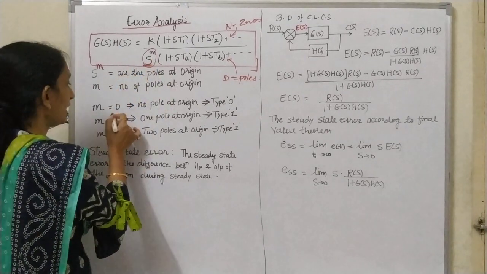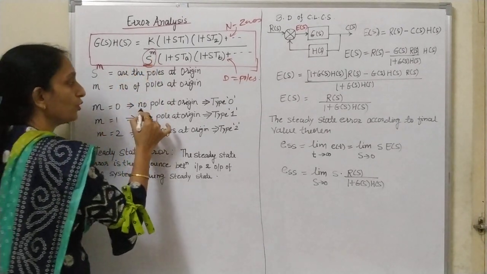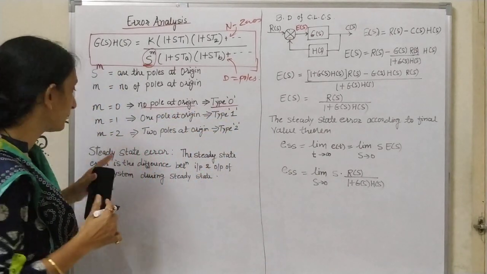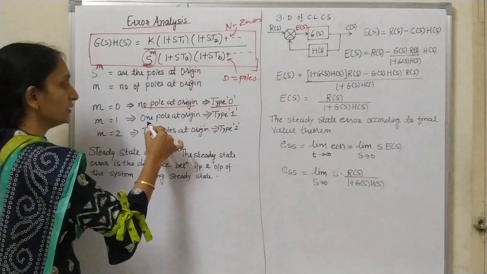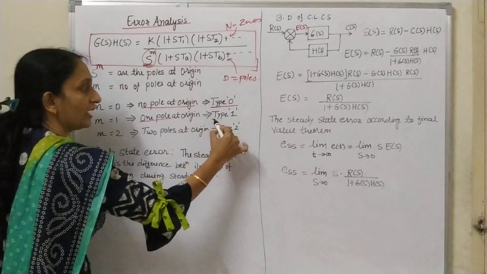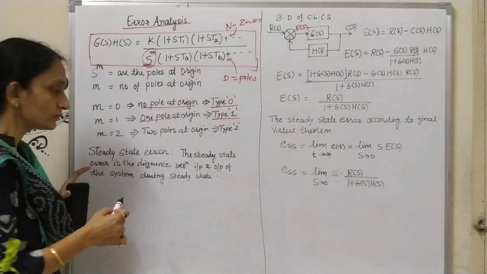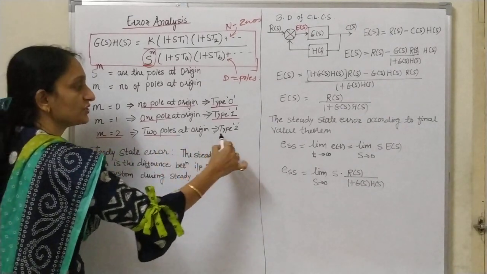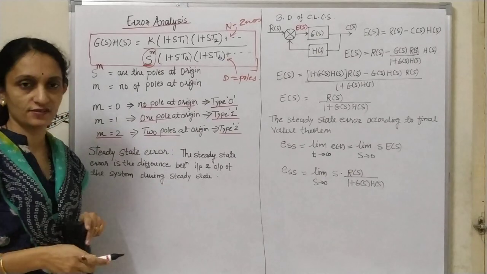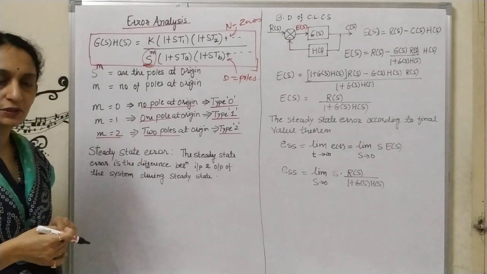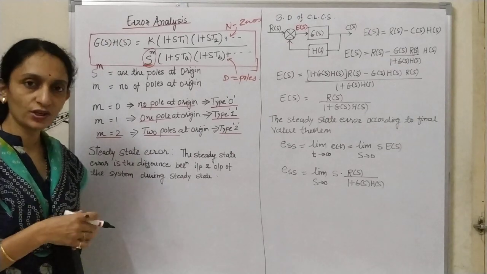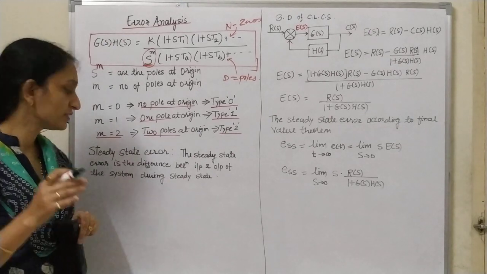Here m is equal to 0, so no pole at origin, and it is called a type 0 system. When m is equal to 1, one pole at origin, and that is called type 1. m is equal to 2, so two poles at origin, and it is called a type 2 system. Again I am repeating, what is the type of the system? The number of poles at origin will give you the type of the system.